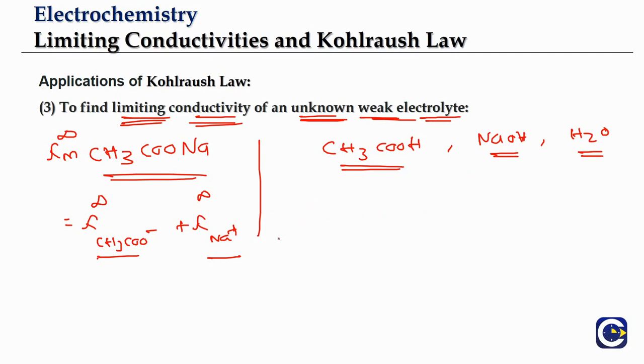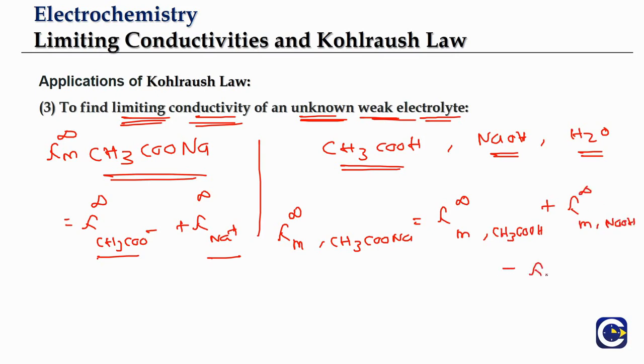This value, lambda m infinity for the sodium acetate, will be equal to, observe this carefully, lambda m infinity of acetic acid plus lambda m infinity of sodium hydroxide minus lambda m infinity of water.